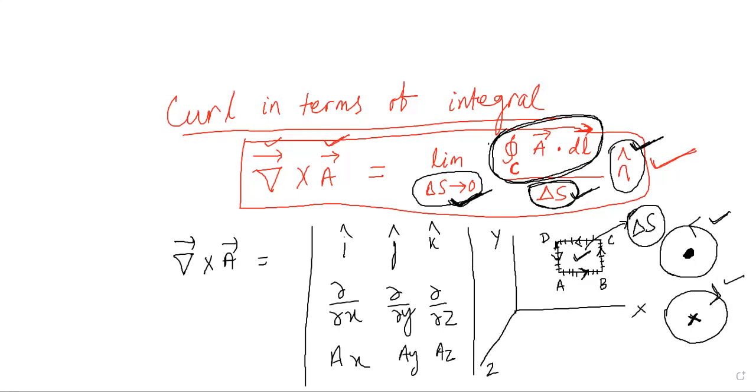So we have already discussed the physical significance of del cross A and its differential form. Now this is the integral form of the curl of a vector field.